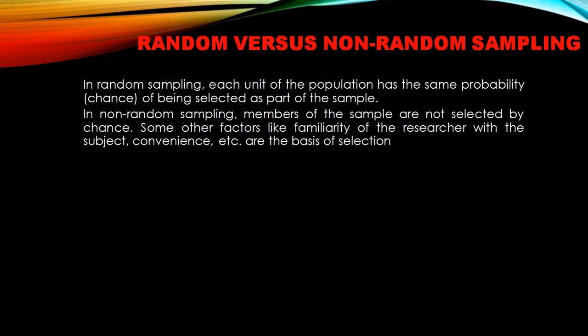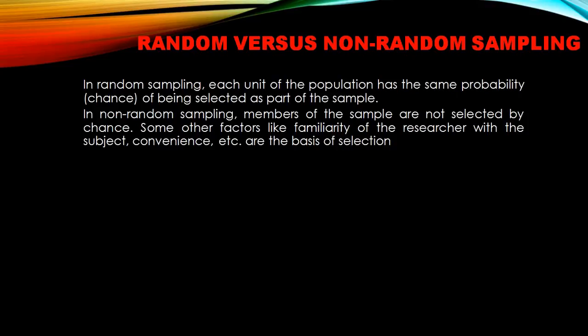Then, random versus non-random sampling. What do we understand by this? Random sampling is also known as probabilistic sampling, and non-random sampling is non-probabilistic sampling. In random sampling, the probability or the chance of every element in the population is the same.